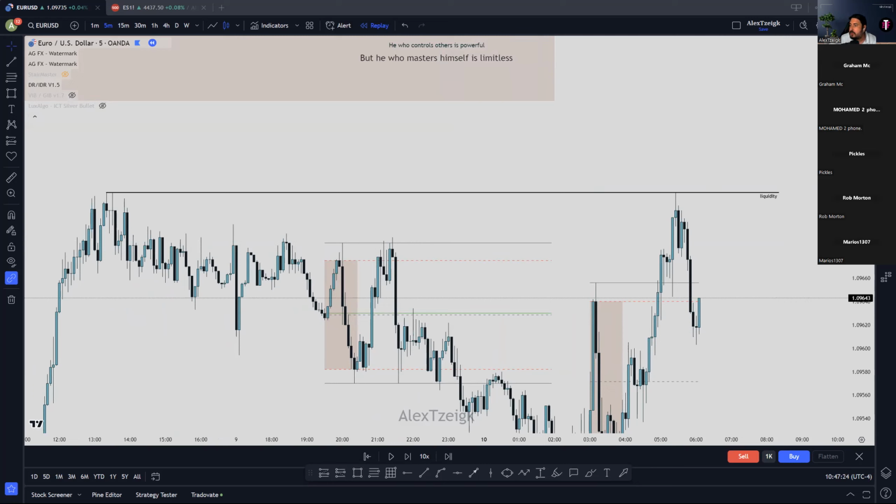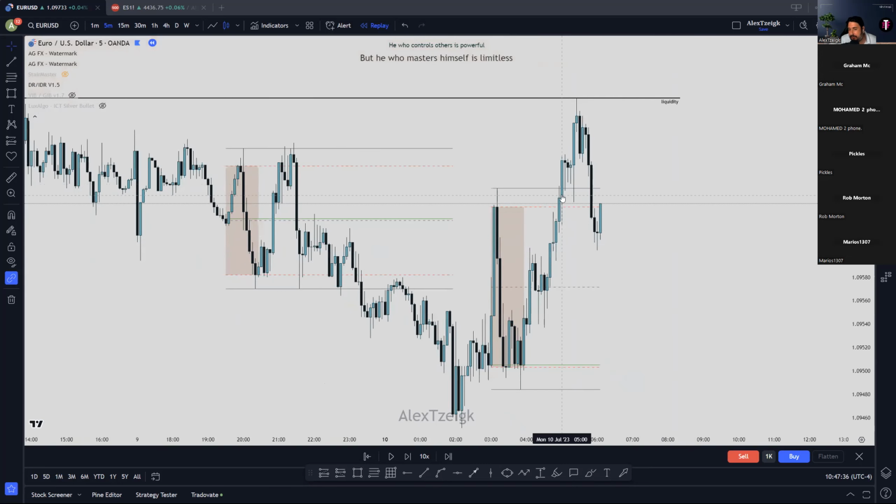You enter on the box and not wait for a pullback? No, I wait for the pullback, me personally, because at this point, I go down to the lower time frame, and if everything aligns again, because we have 80% probabilities, yes, that this will be the low of the session.